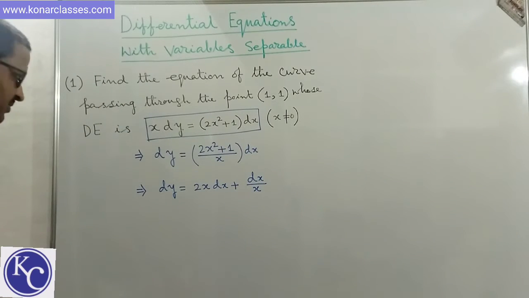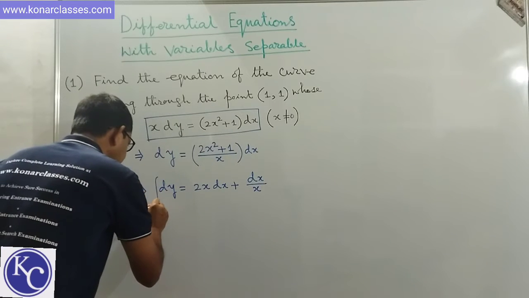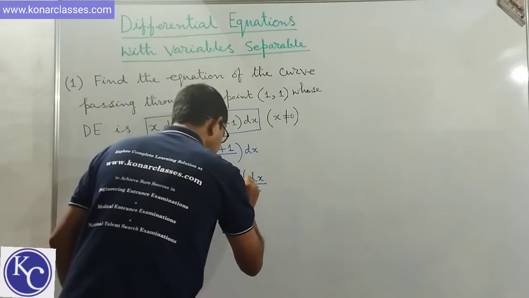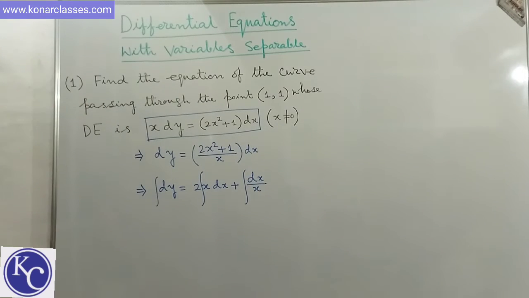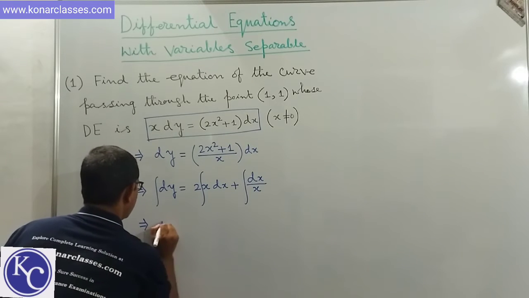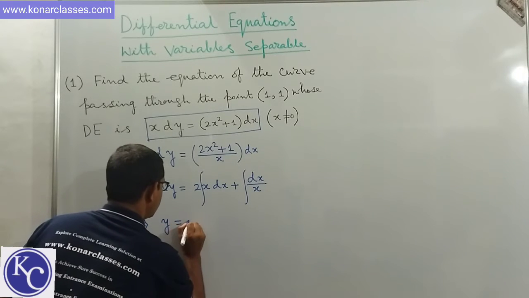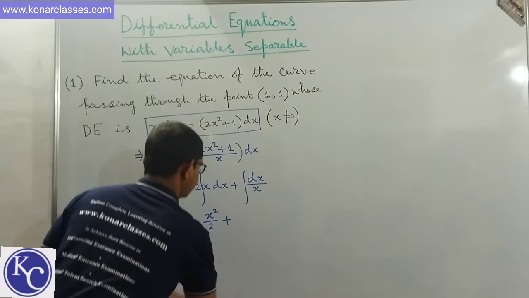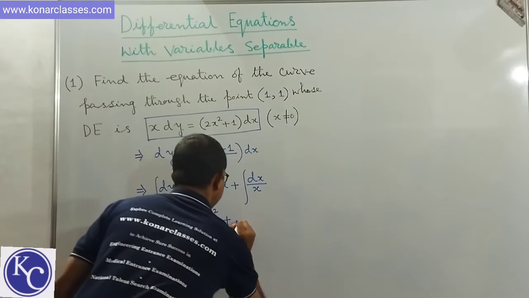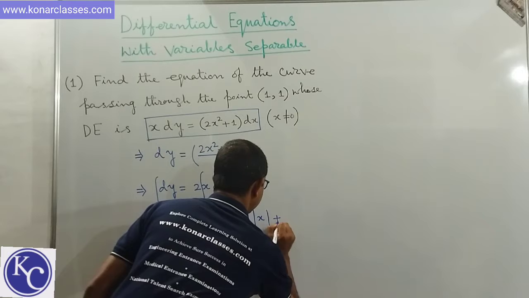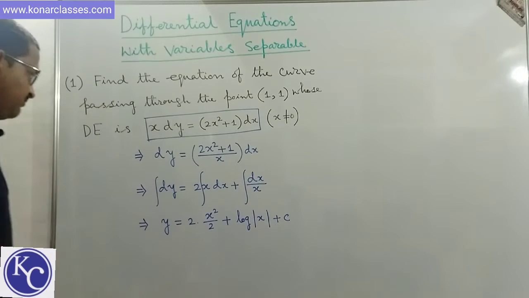Now we are going to perform integration, and 2 is a constant, so we took it outside of the integration. If we perform this integration, we get y is equal to 2 into x square by 2 plus integration dx by x, that is log of mod x, plus c, where c is the integrating constant.